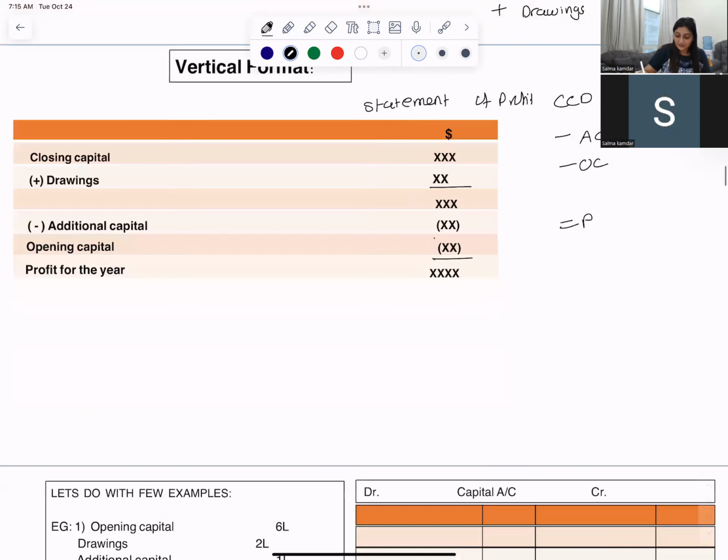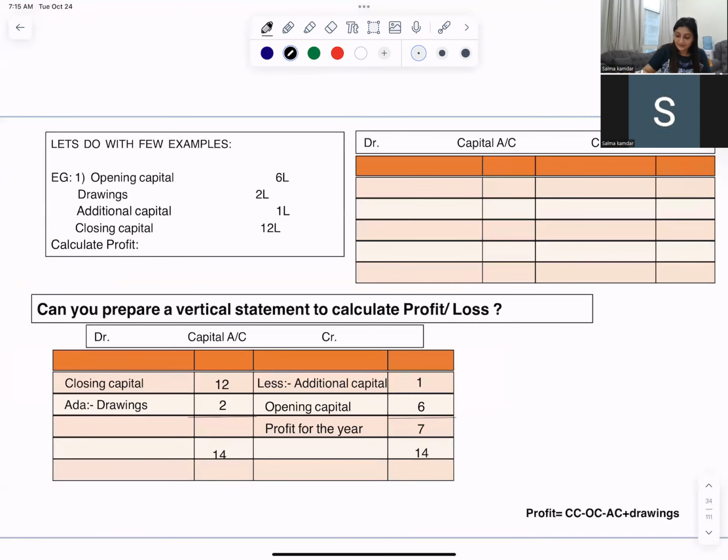Look at the sum over here. You have to prepare a capital account. Opening capital, try to do it yourself. You can pause and do it and then check. Opening capital will come on the debit side, or on the credit side, it will come on the credit side. What will I write? Balance brought down.